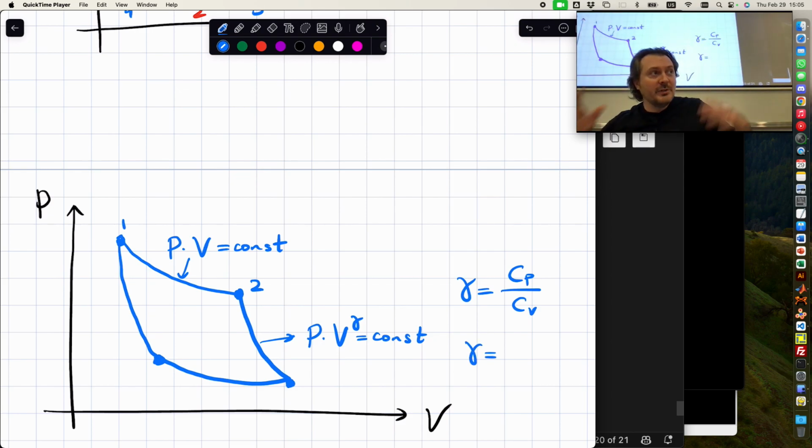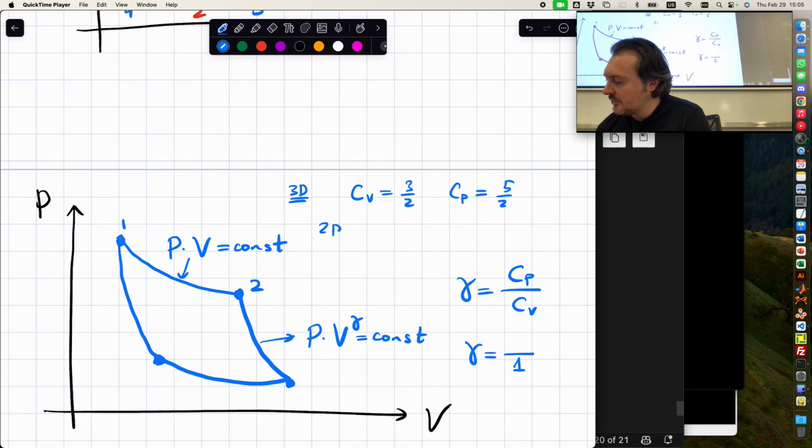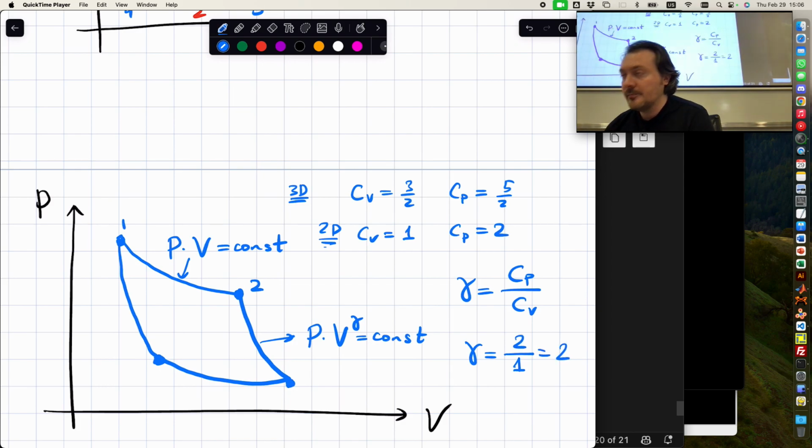For 2 dimensions, it was 1. Then what is Cp? Normally in 3 dimensions it would be 3 over 2, and Cp would be 1 more, right? In 2 dimensions, since Cv is 1, Cp is 2. So our gamma is going to be 2.